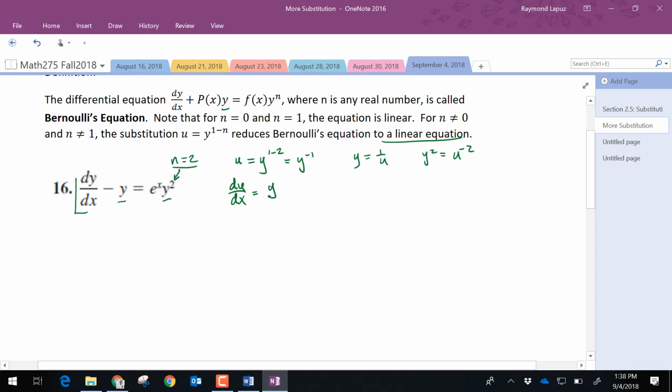Y to the -2, multiplied by -1. Man, how do you take a derivative? Right, bring the power down.